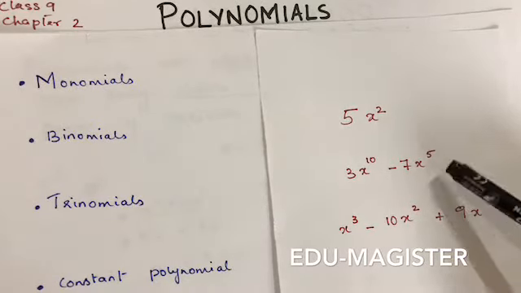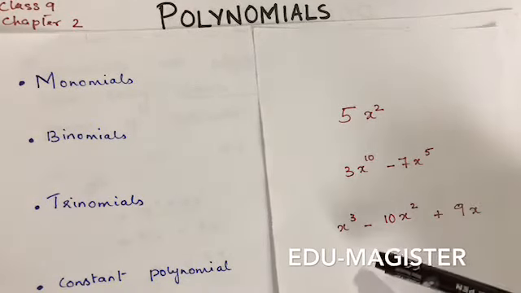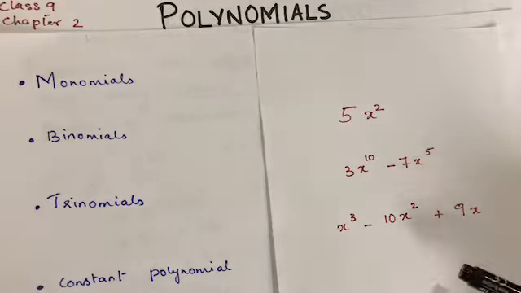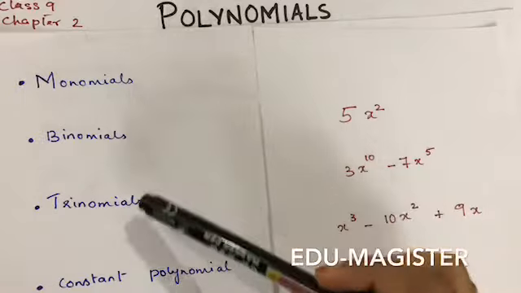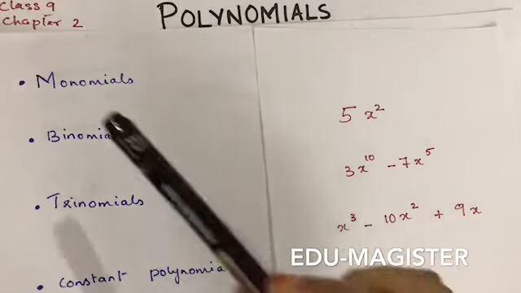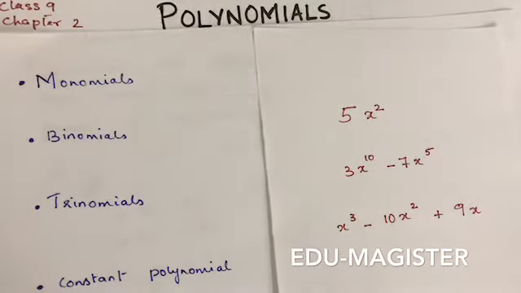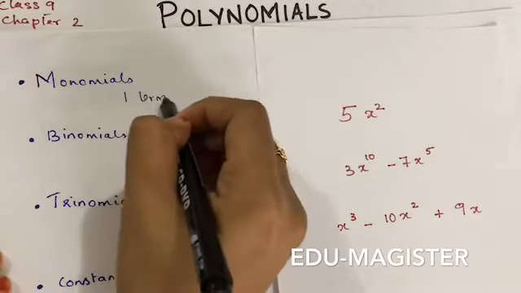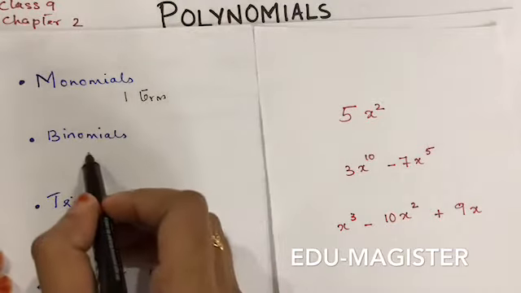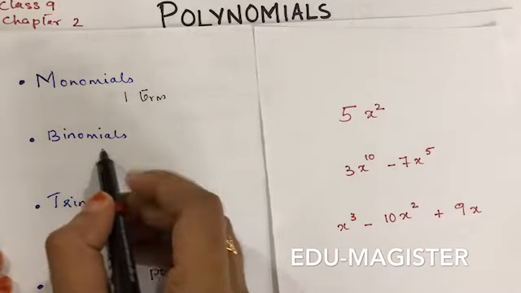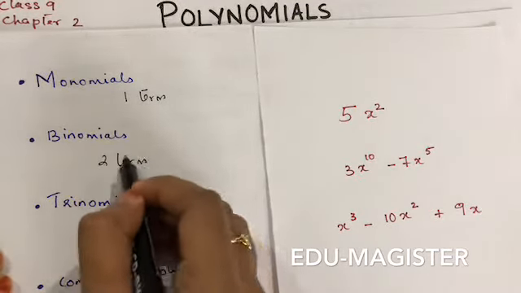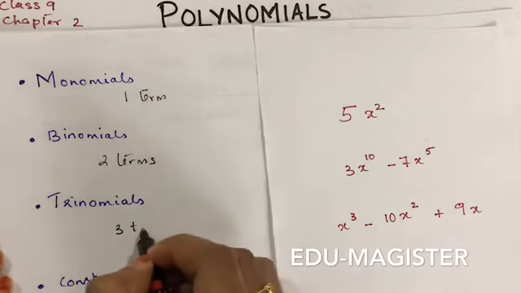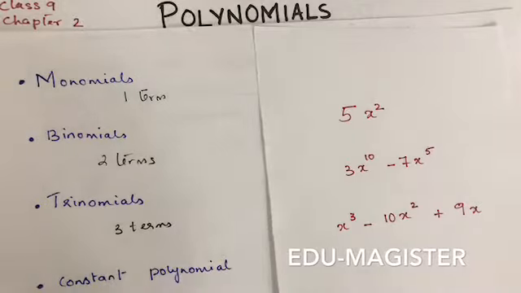In this expression, there are two terms, whereas in this expression, there are 3 terms. So can you relate that to these terms? Yes. Here, monomial means polynomial that have only one term, whereas binomial means polynomials that have 2 terms, and trinomial means polynomials that have 3 terms.